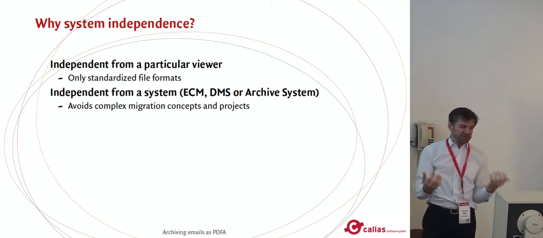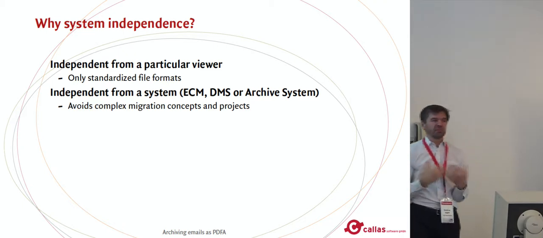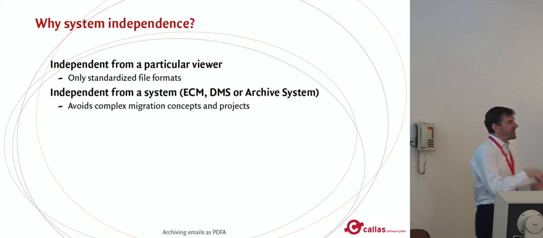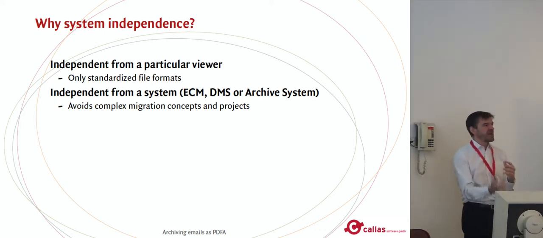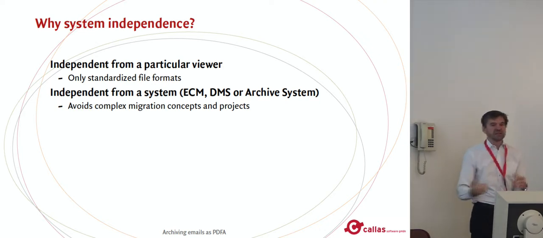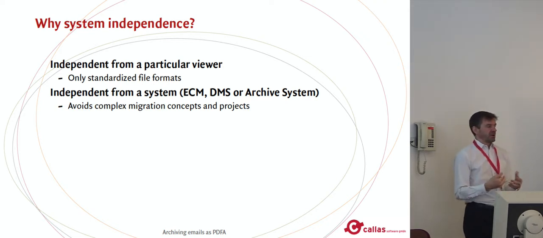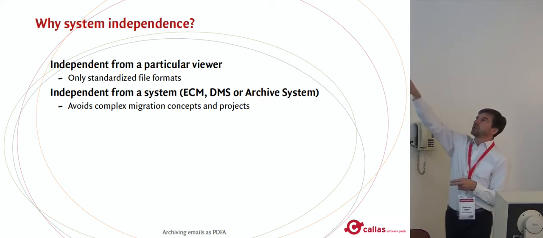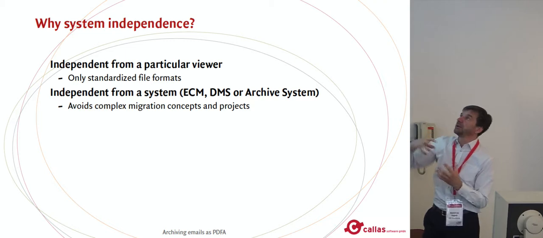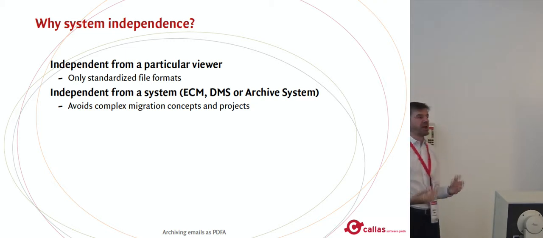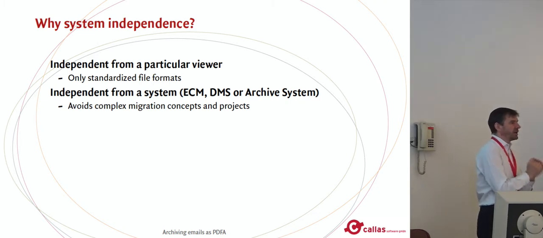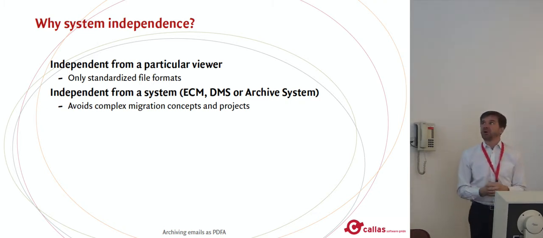And if we think a little bit about that, that actually means if we can have a file format that has all the metadata related to, let's say, the email, the sender of the email, the receiver, when it has been sent, when all this metadata is part of our file format, then we are actually independent from the archive system, because all the information is part of the entity that we store into our archive system.